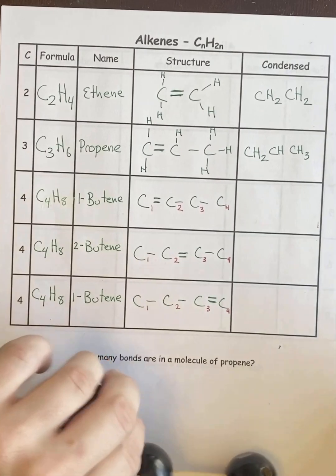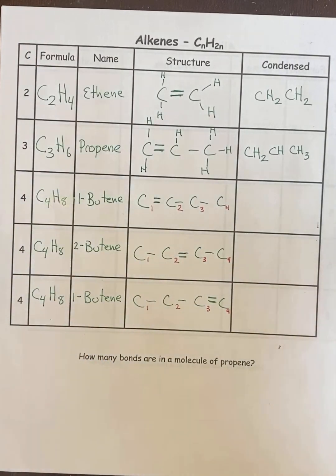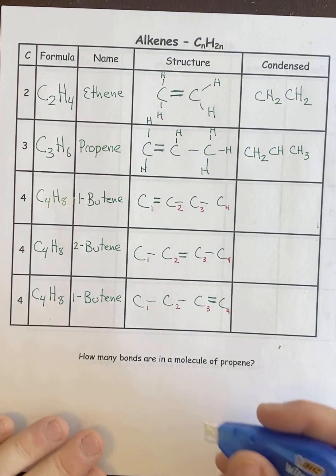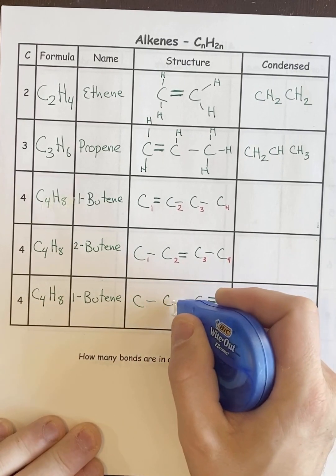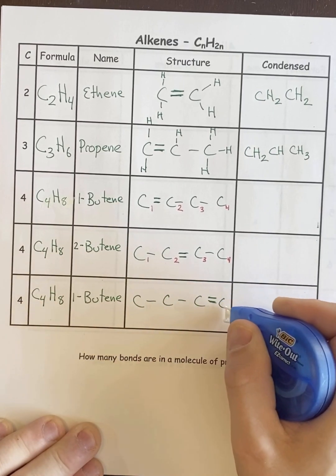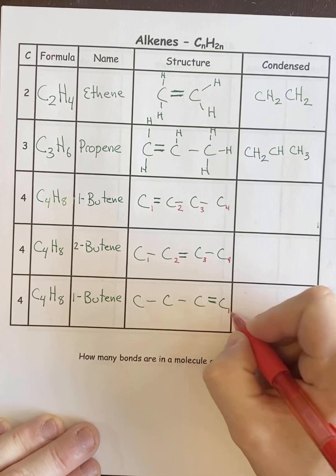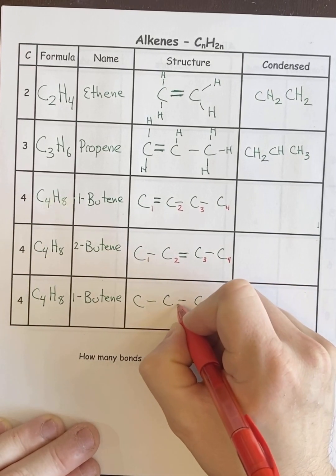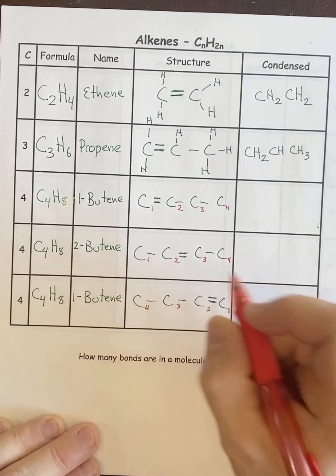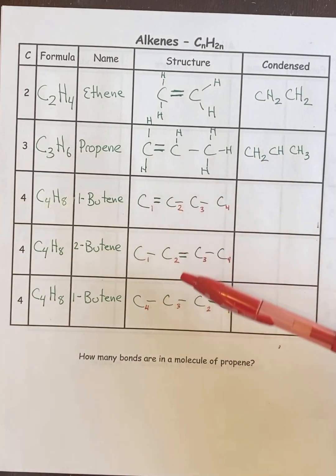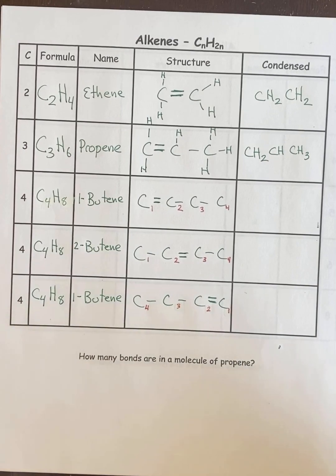So what we would do, and this is what I'm trying to teach, is the numbering system. Here's the easiest way to do it. Since the double bond is closer to the right, I call this carbon 1, this carbon 2, this carbon 3, and that carbon 4. And then you can see there's two variations, all right? It's that simple.